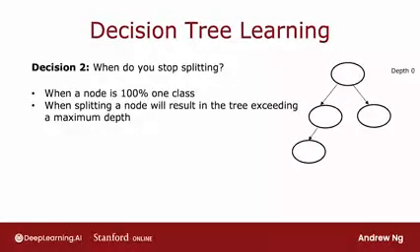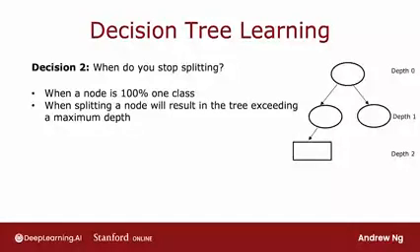The nodes below it are at depth 1, and the nodes below it would be at depth 2. And so if you had decided that the maximum depth of the decision tree is, say, 2, then you would decide not to split any nodes below this level so that the tree never gets to depth 3.